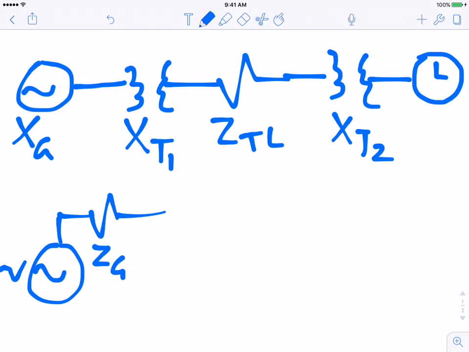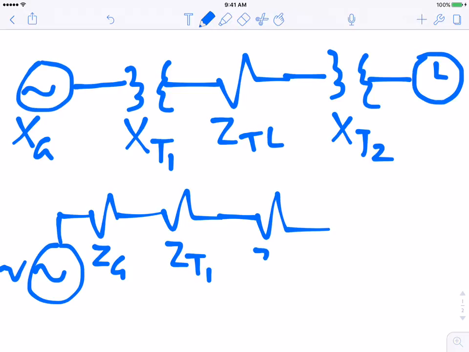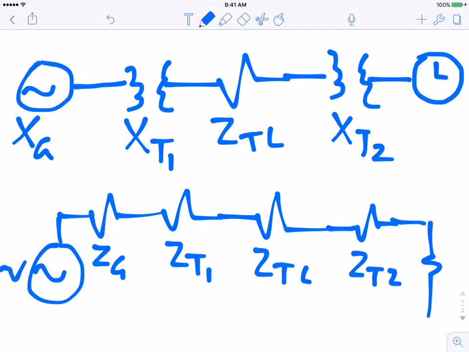And the next thing we're going to have is ZT1, and then we're going to have ZTL, and then we're going to have ZT2, and then we're going to have our load ZL.